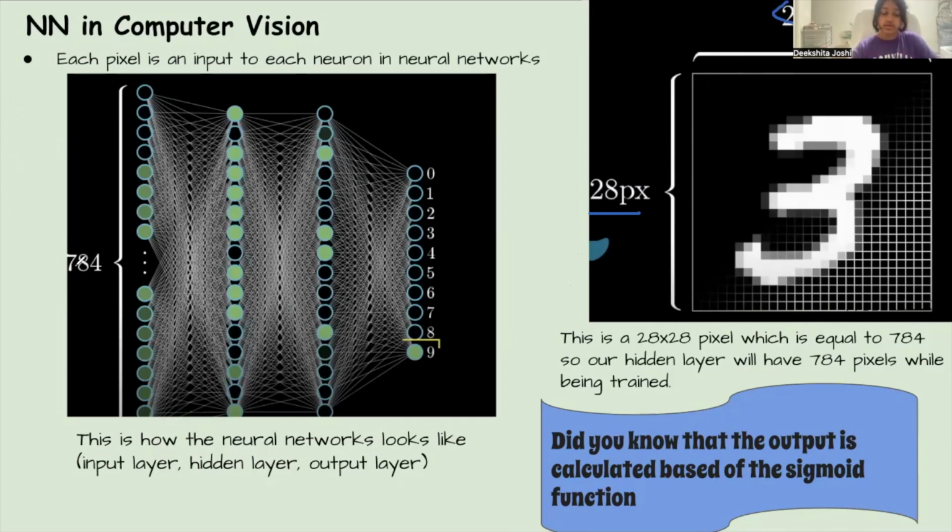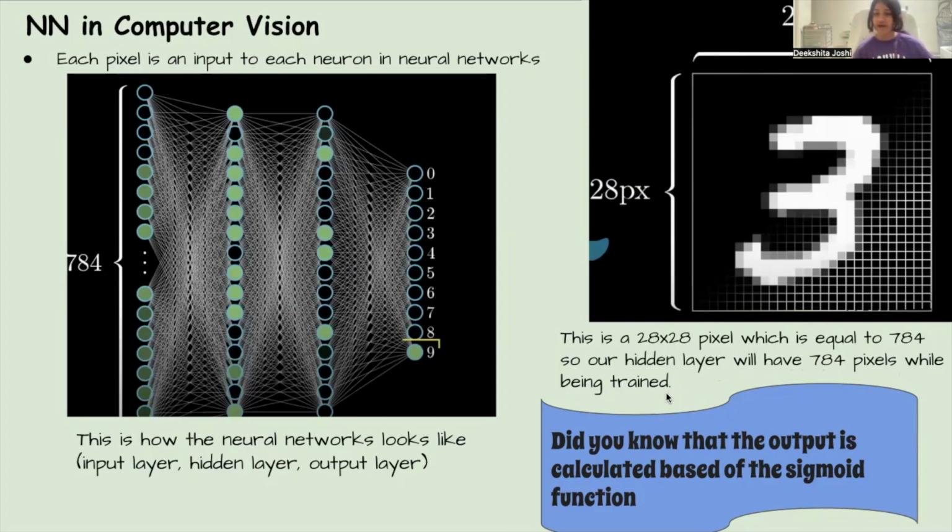So you multiply those two, which gives you 784, which is the size of your actual neural network. I find it very cool that math can also help with this. So this is a 28 by 28 pixel image, which is equal to 784. So our hidden layer will have 784 pixels while being trained.